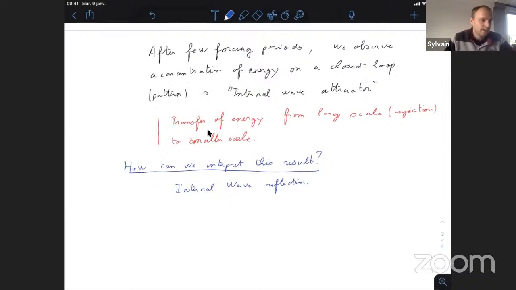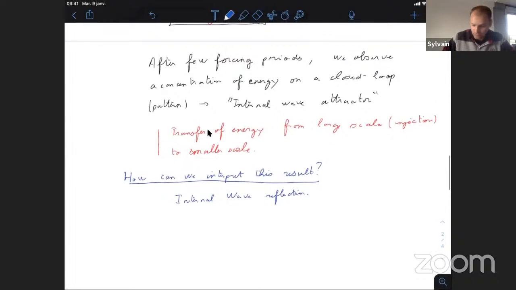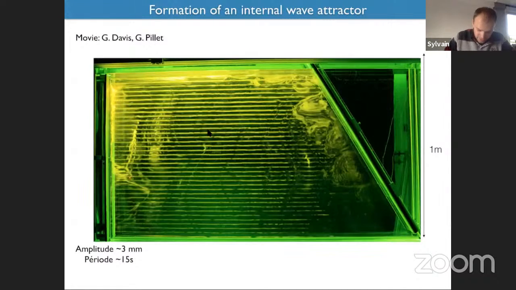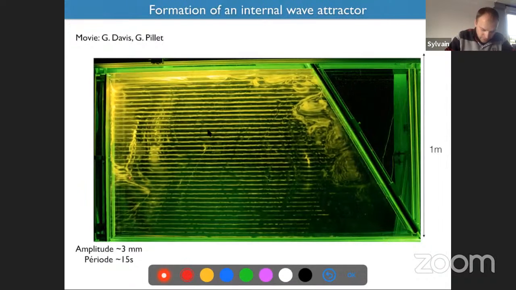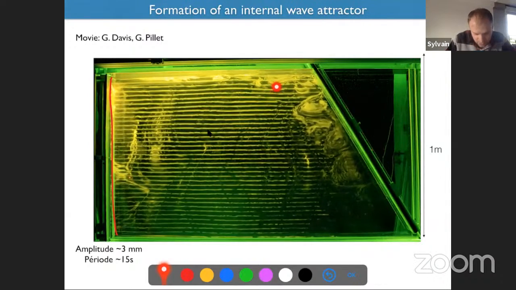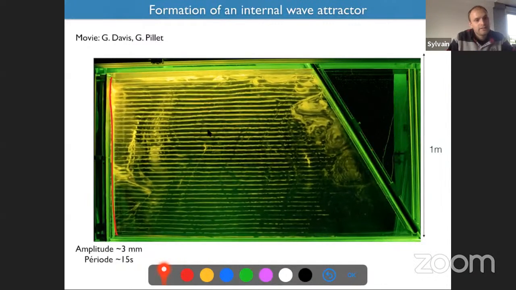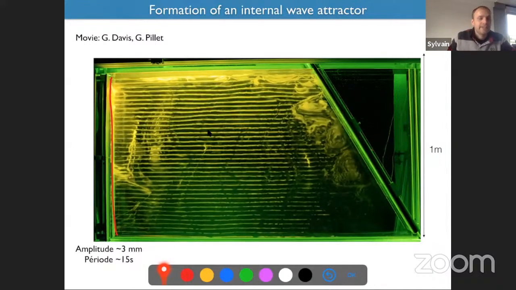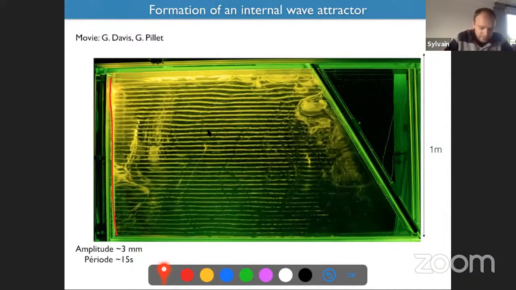It's the question I will address, and try to explain experimentally what the smaller scale is here. If I come back to the movie, you have the injection here. It's this height. On the small scale, you have motion that is localized in this thickness. And I will explain why we have a smaller scale, which is related to this thickness.